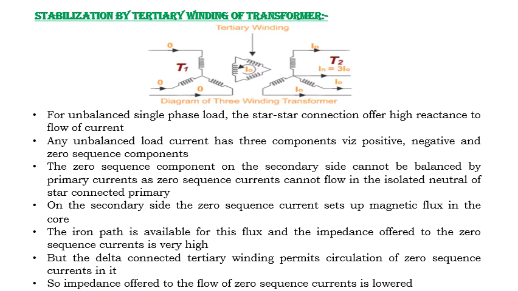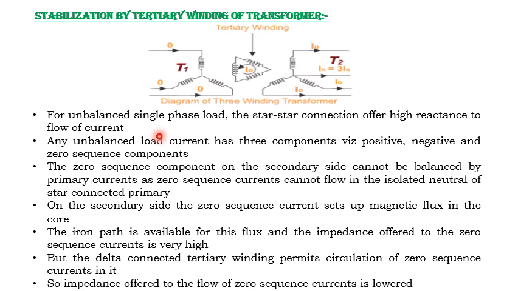Let us consider stabilization by the tertiary winding of a transformer. How can stable operation be achieved by considering the tertiary winding of a transformer? For unbalanced single phase load, the star-star connection offers high reactance to the flow of current.